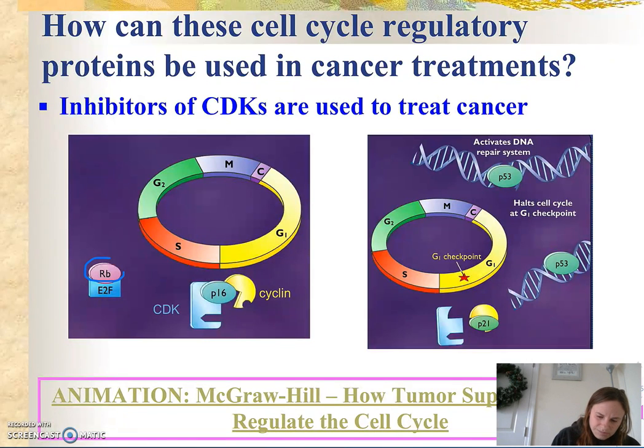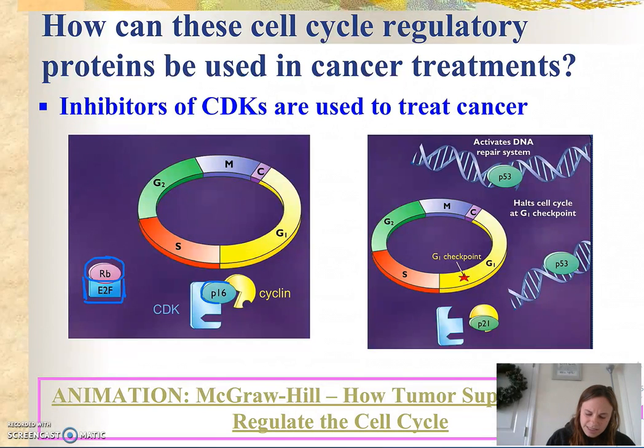So RB is one of those tumor suppressor proteins. RB is retinoblastoma. When an unphosphorylated retinoblastoma binds to E2F, E2F is a transcription factor that's going to turn on genes in the nucleus. So when retinoblastoma binds to E2F, that's going to stop cell growth. It's going to give the stop signal at G1.